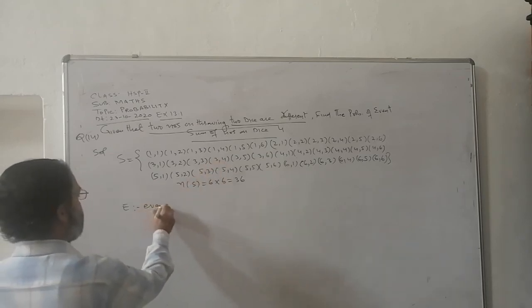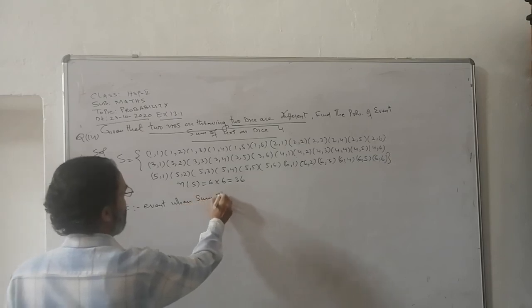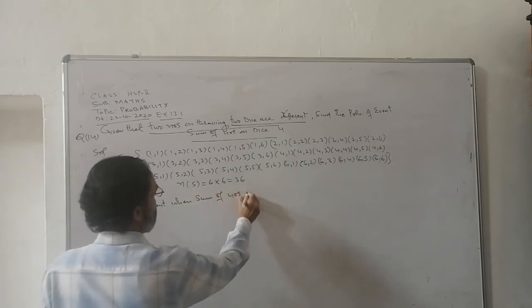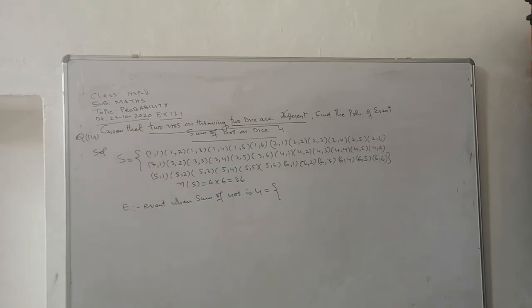This is the event when the sum of the numbers is 4. So from here we have to take the points where the sum is 4.